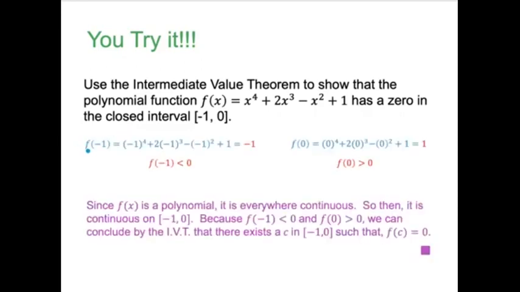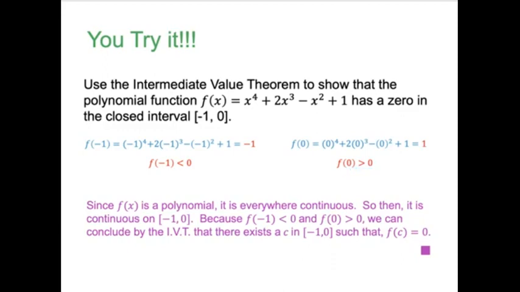So what I did first was find f of -1 and f of 0. And I found f of -1 to equal -1, which is less than 0. And I found f of 0 to be 1, which is greater than 0.